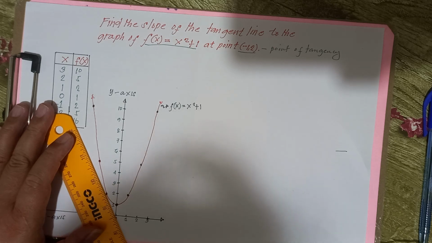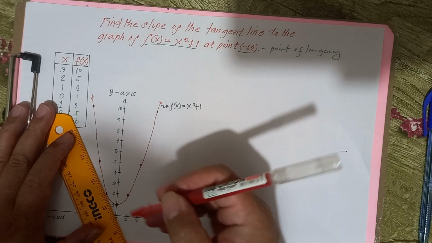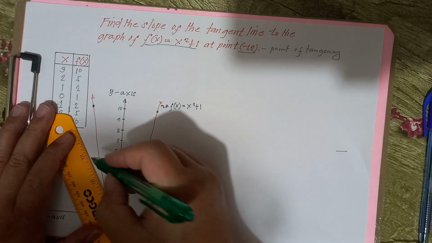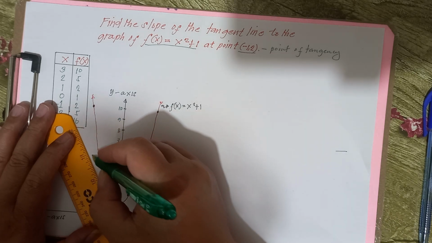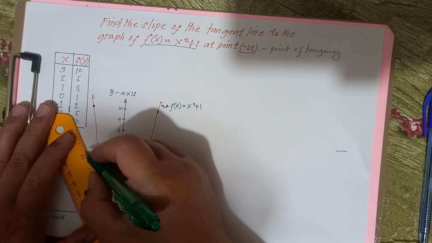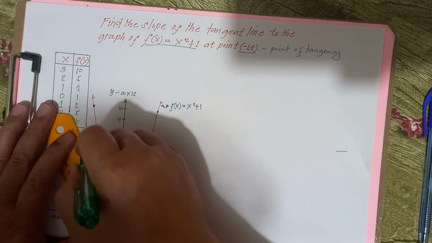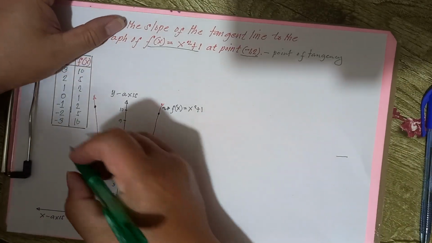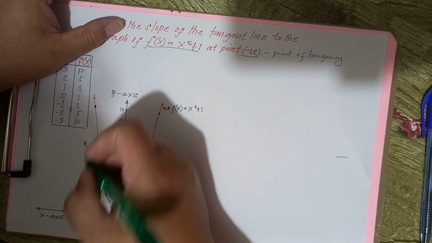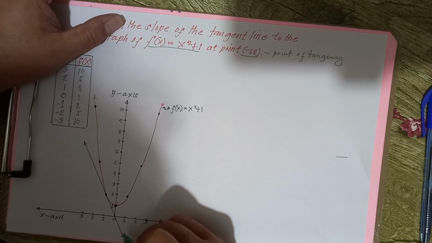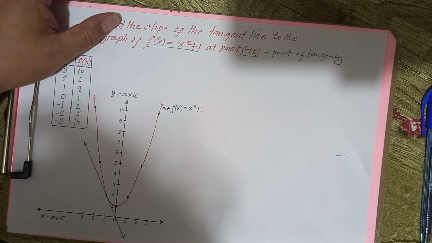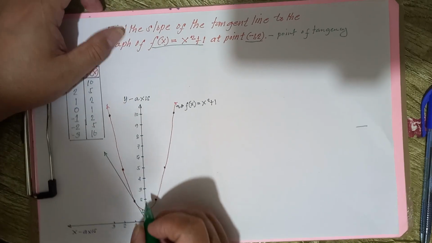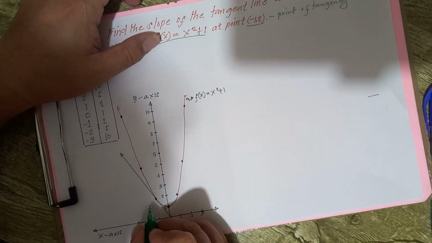The tangent line that we have, may we make use of green, we have this one. So that is the point of tangency and that is the tangent line. Where is the point of tangency? Allow me to label this one.